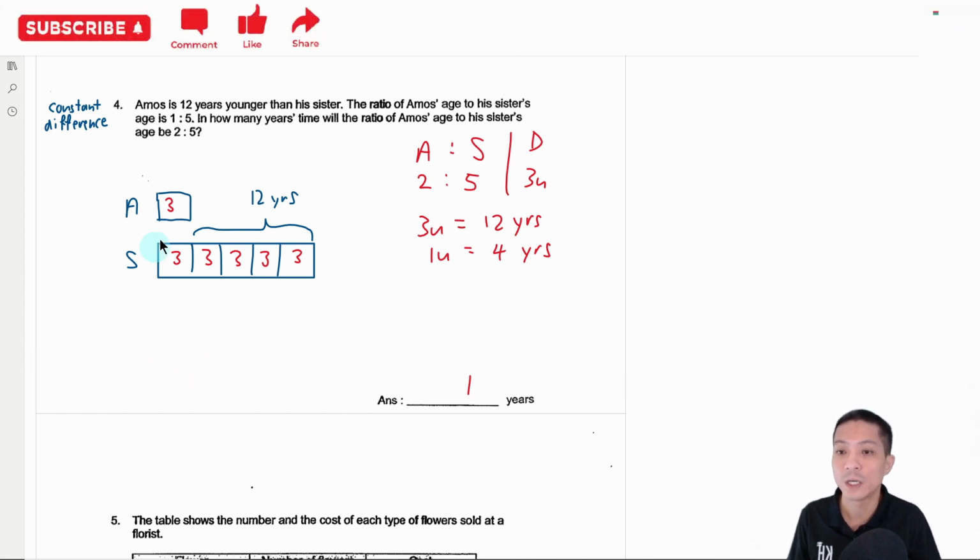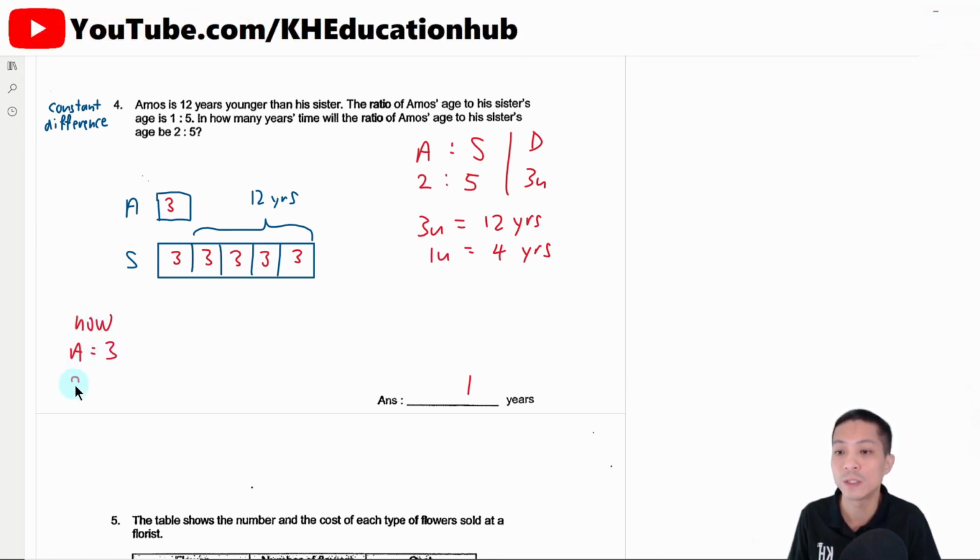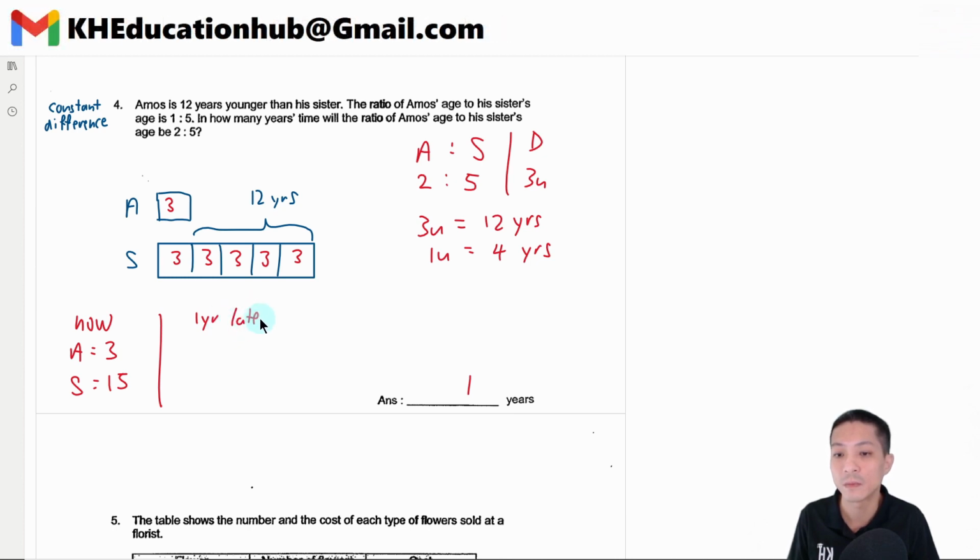Okay, we can check. So now Amos is equals to 3, the sister is equals to 15. Okay, 1 year later. Okay, Amos is gonna be 4. Sister is gonna be 16.